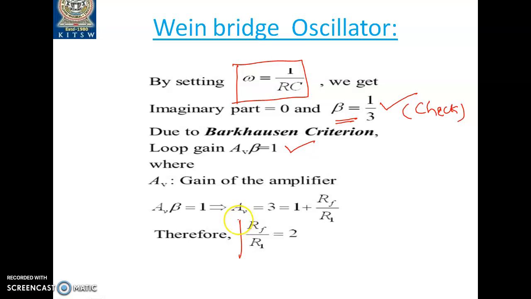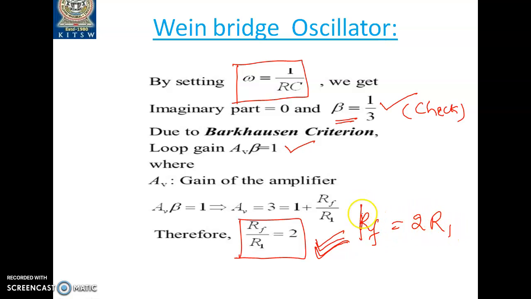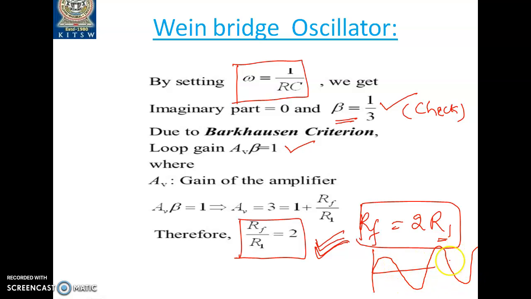This is a very important condition we need to follow to get sustained oscillations. Always take the feedback resistance at least twice the input resistance R1, and then we will get the sustained frequency of oscillation.